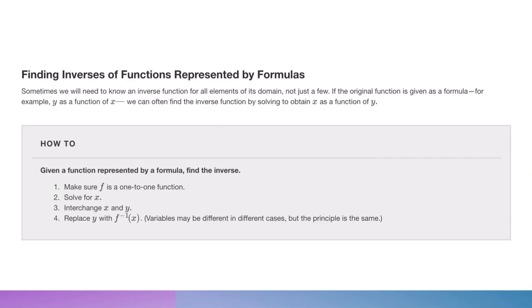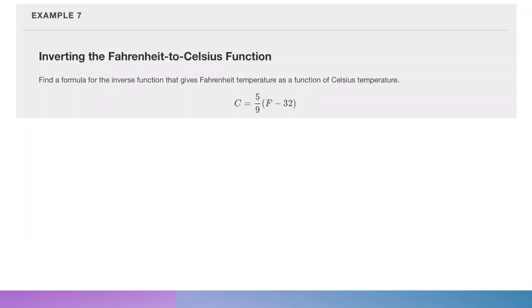Also, it's a good idea when we begin to identify your domain, and then when you find your inverse function, you can find the domain of that. The domain of the inverse is the range of the original, and the domain of your original function is the range of your inverse function, right? I know I mixed up the words a little bit, but hopefully you can get it.